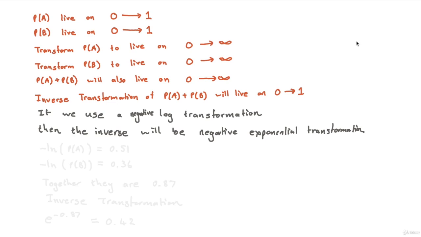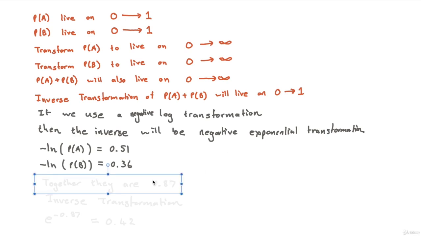And then we take the inverse of this transformation, which will be the negative exponential transformation, and that'll take anything from the state space of 0 to infinity back to 0 to 1. So in our example, if we take probability A, which was 0.6, and probability B, which was 0.7, and we transform them into this higher space, we get 0.51 and 0.36.